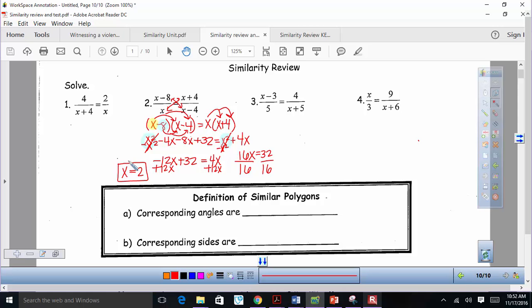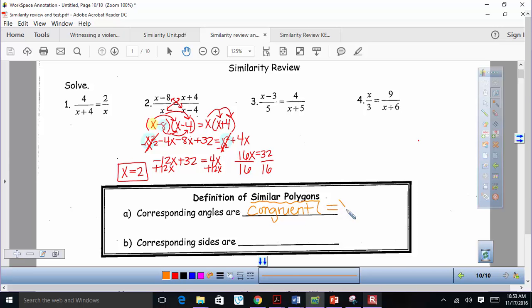Okay? Everybody good with that one? Okay, just to make sure we know, corresponding angles in similar polygons, what are they? They're congruent, or you can think of them as being equal.